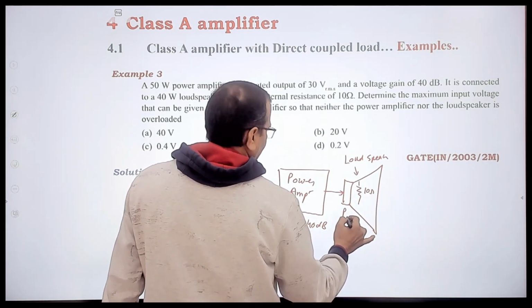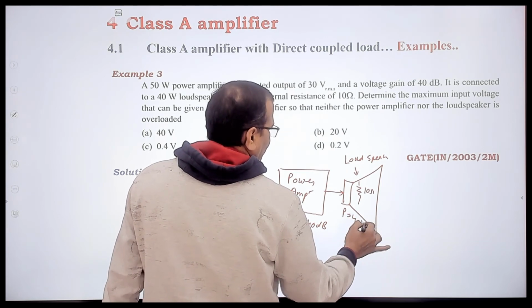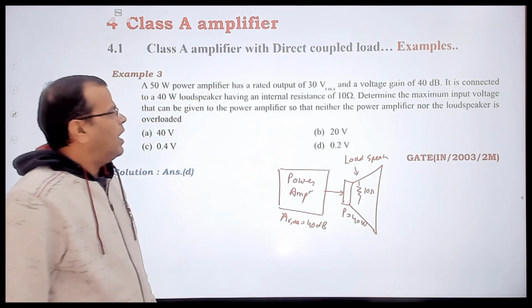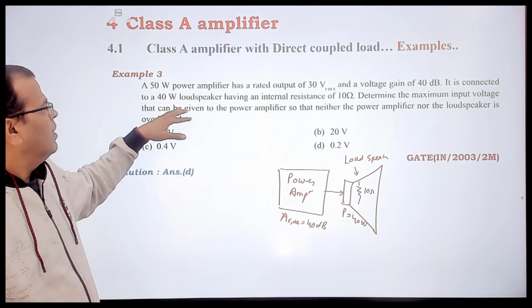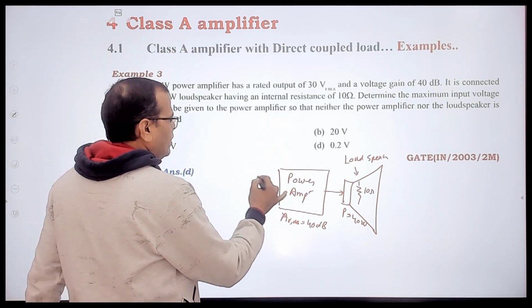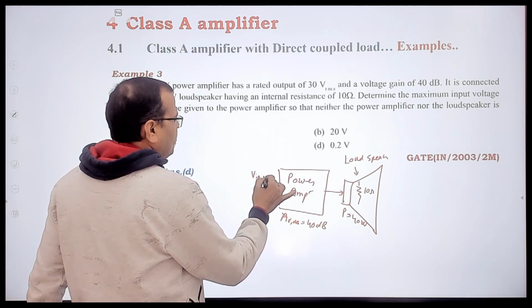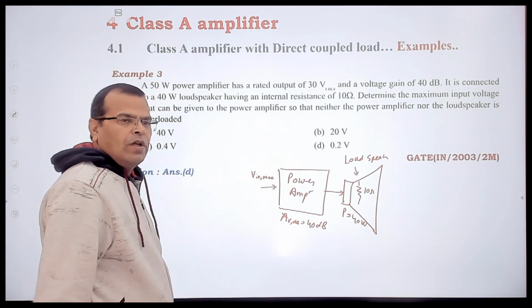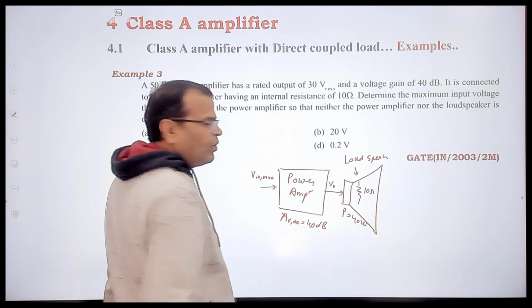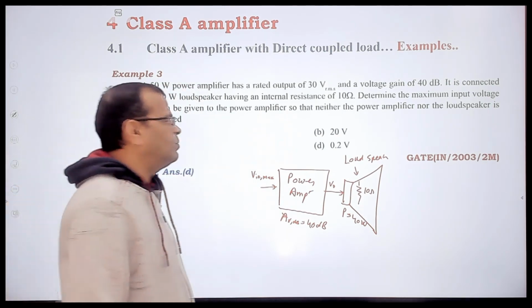That is how much? 40 watt, right? So 40 watt is the power. I have to find what? That is the maximum input voltage. I have to find the maximum input voltage, right? So the output voltage of the amplifier is nothing but the input voltage of what? The input voltage of the loudspeaker.